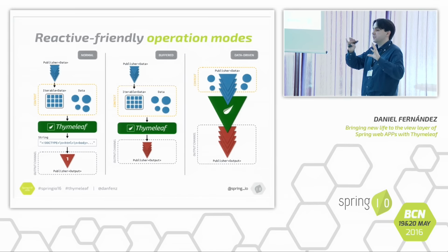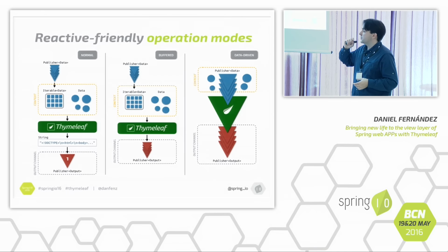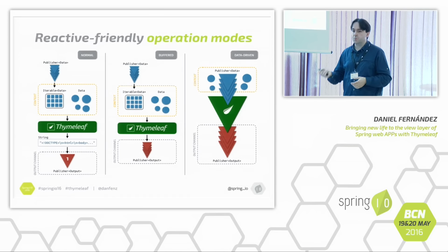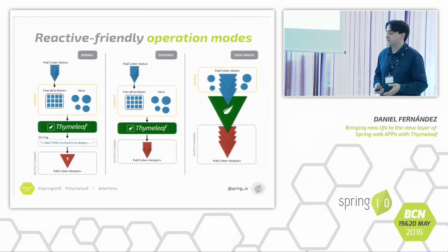Then once you have the context completely resolved, you will call Thymeleaf. Thymeleaf will generate a very large string, and that large string will contain the entire output, and you will call the output channels once with that result. Okay, this is how Thymeleaf is being used right now in most reactive frameworks.